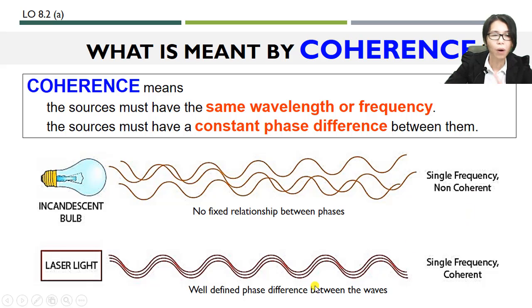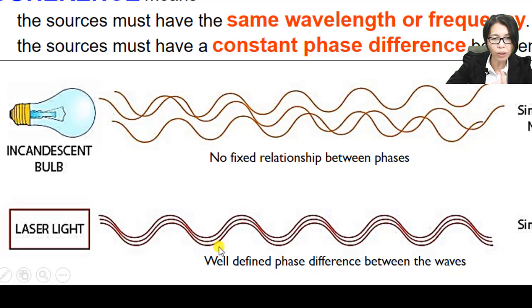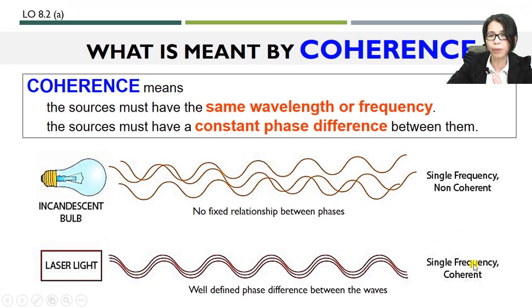What about the laser light? If you notice, all the waves emitted from this laser light have a well-defined phase difference between the waves. All these waves always have a constant phase difference between them. So this is what we call a coherent light source.